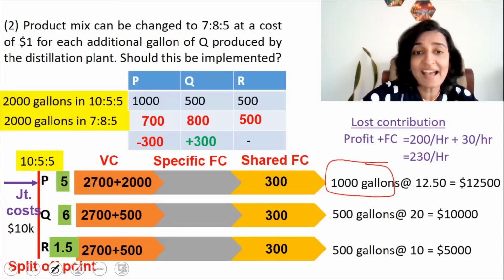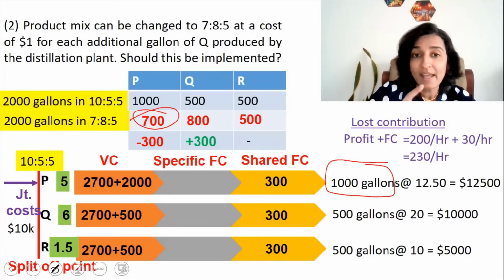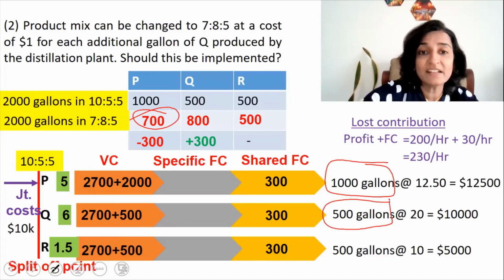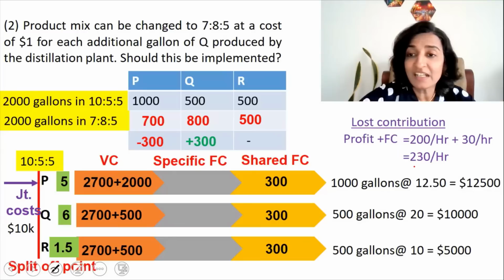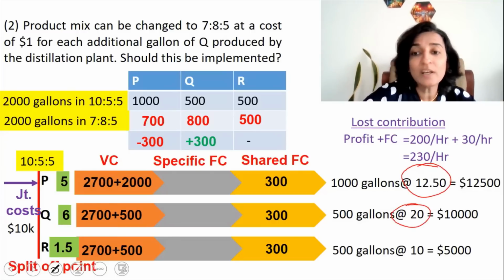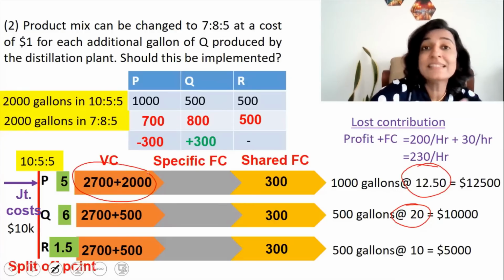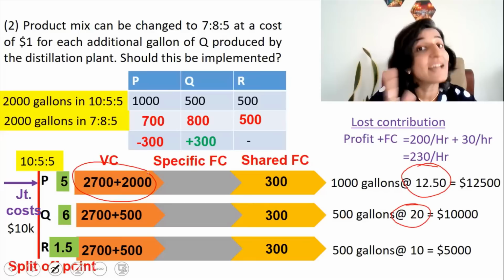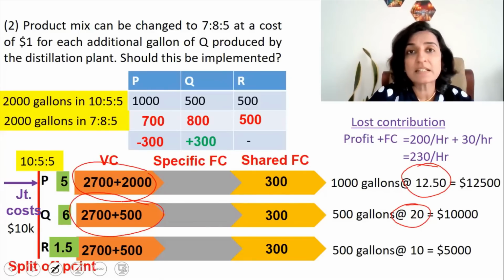Instead of 1000 gallons, we are getting 700 gallons only. And instead of 500 gallons, we will get 800 gallons of Q. So definitely the sales value will undergo a change that we receive from product P and product Q. And the variable cost, since it is dependent on the number of units, that will also undergo a change as far as product P and Q is concerned.